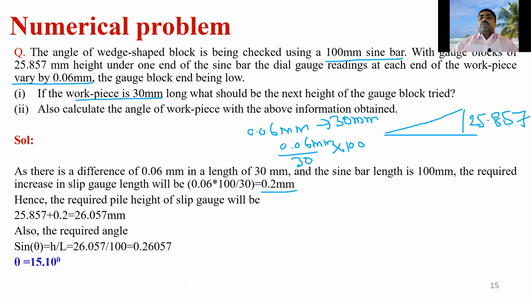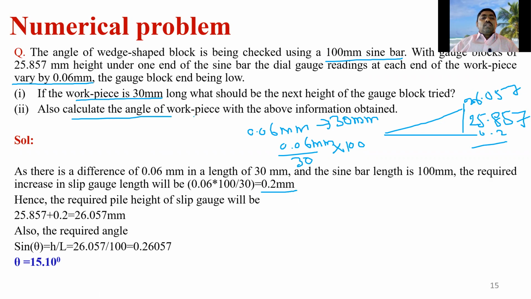That means 25.857 you have to raise. If you add 0.2, you will get 26.057.